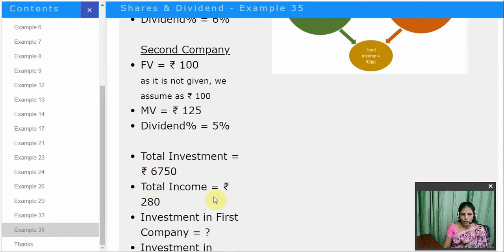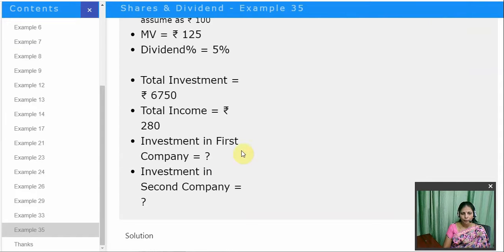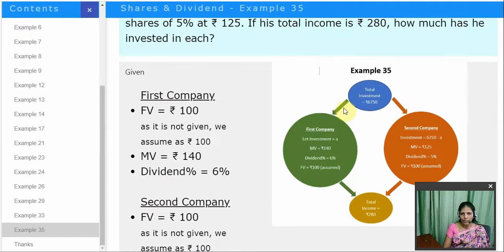See, the total income he received is rupees 280. That's given. Now how much he is investing in the first company and how much he is investing in the second company, that is what we need to find out. Right? Now is the question clear? This is his total investment.